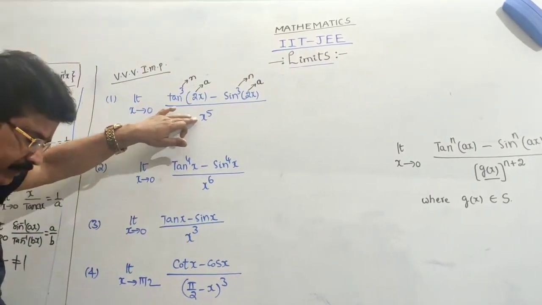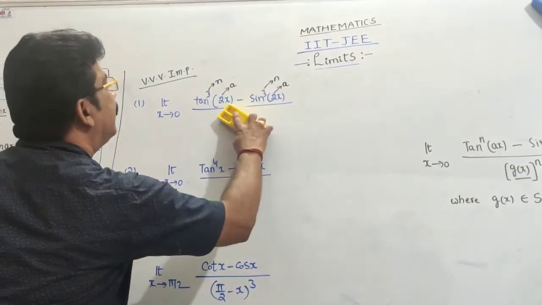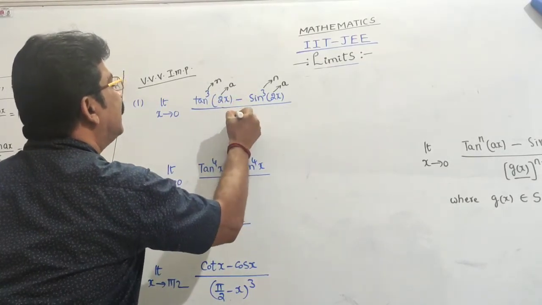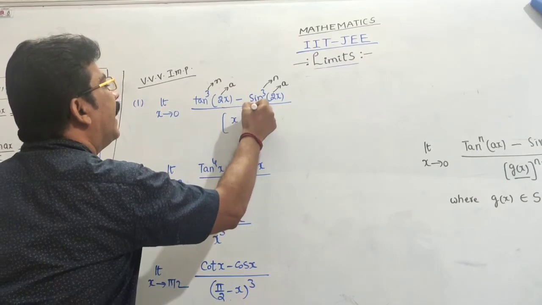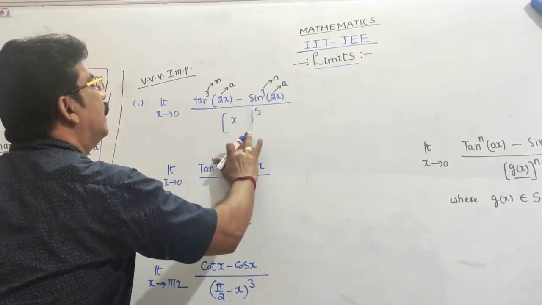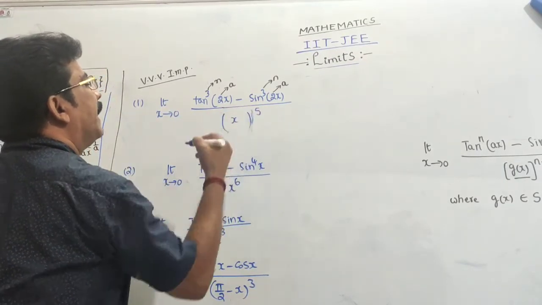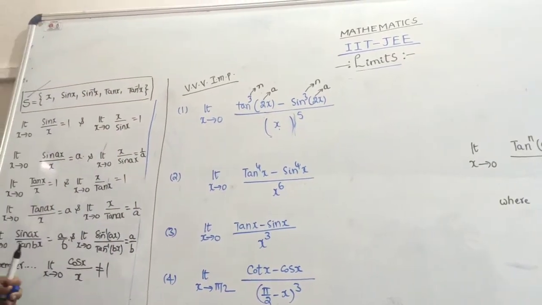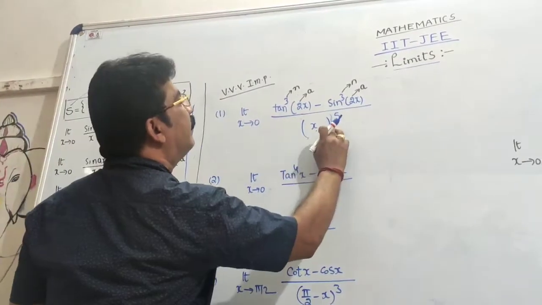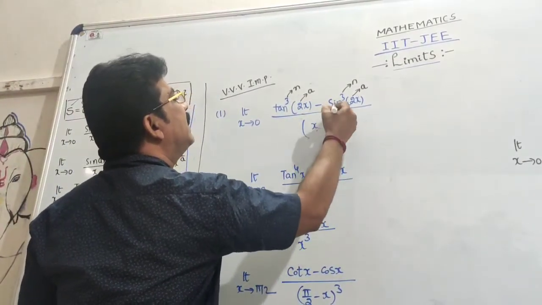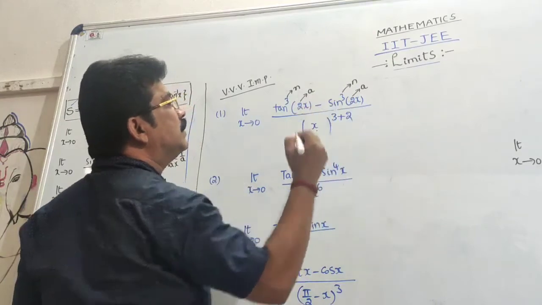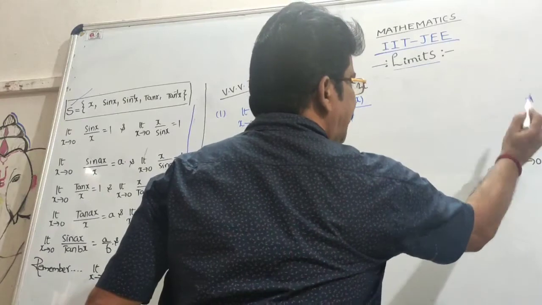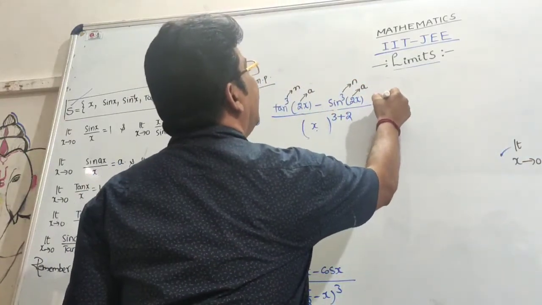Here the denominator is x to the power of 5, and x is from the set S. 5 means it is 3 plus 2. Now strictly it is in this form, so we can write the answer directly.